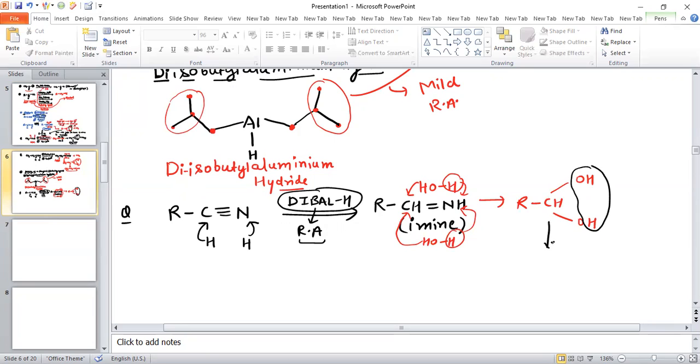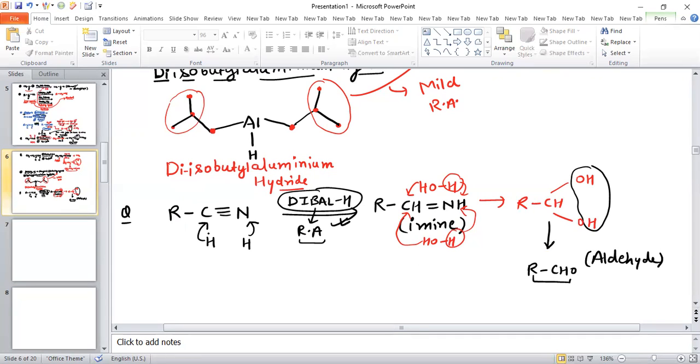So when water is removed, it will form RCHO. After using DIBAL-H, this will stop the reduction reaction at aldehyde only. So aldehyde is obtained as a product by using DIBAL-H.